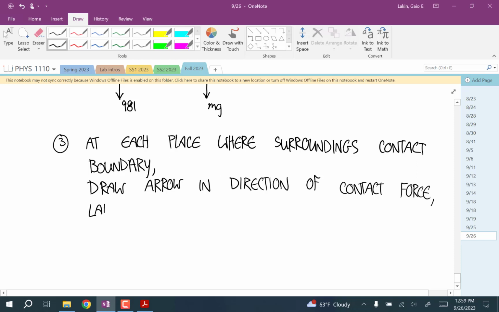And label that arrow with a number if you know the magnitude of that force, or more often with a variable.